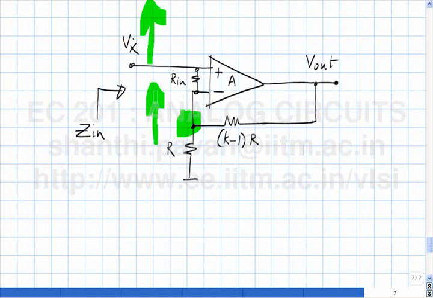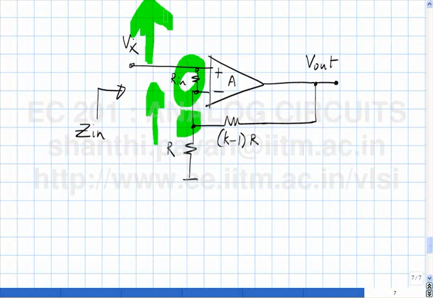Okay, in the limit that A tends to infinity, the potential difference is actually 0. So if the potential difference across the two terminals of this resistor is almost 0, then the current flowing through the resistor is also almost 0, which means that if I yank this voltage up, Vx up, the current drawn from Vx is very small, which is equivalent to saying that the input impedance looking in is very large.